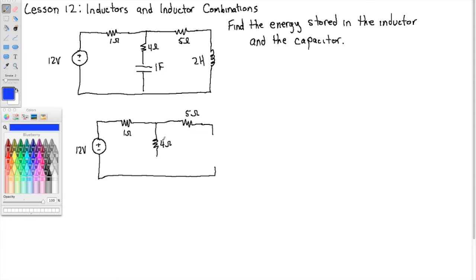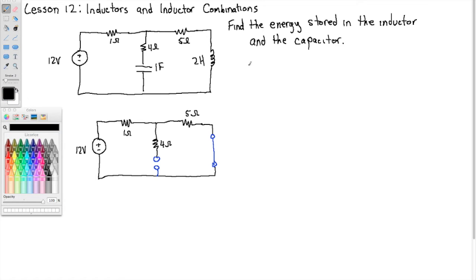Okay, so the old part here was that the capacitor becomes an open circuit. So there's the capacitor model. The new part here is that the inductor becomes a short circuit. There's the short circuit model.